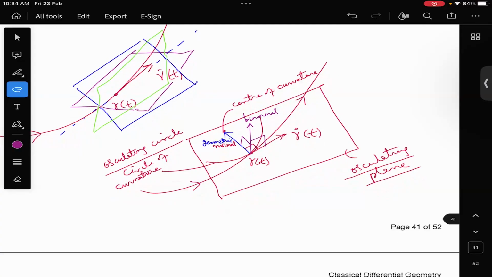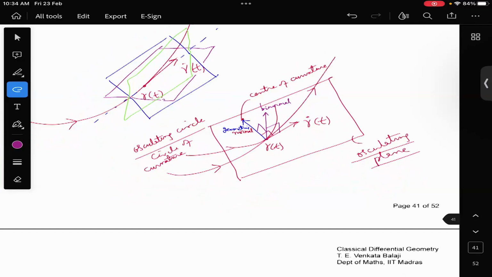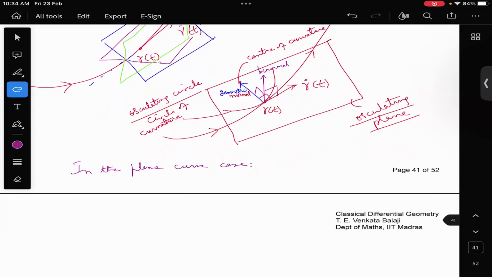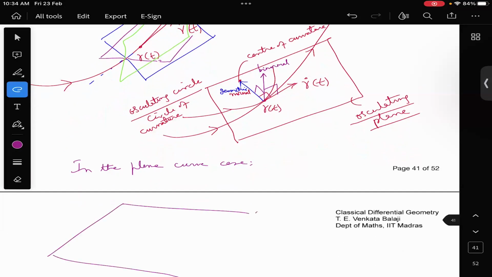See, in the curve case, so let me write this. In the plane curve case, what do we have? This is on the plane, so I will draw it like this.